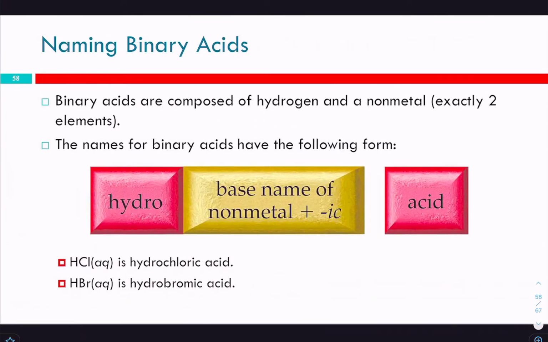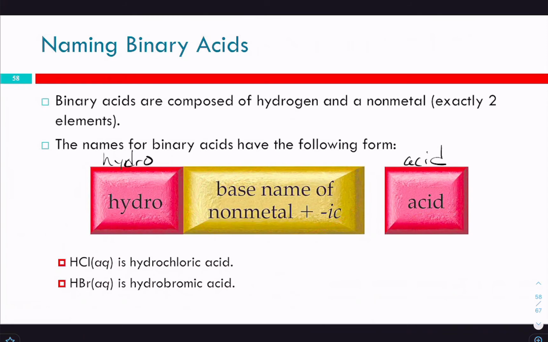So for binary acids, you add a prefix of hydro. Then you take the base name of the nonmetal and change the ending to IC. And then there's a space and acid. It's so hard to see. This is hydro and this is acid.